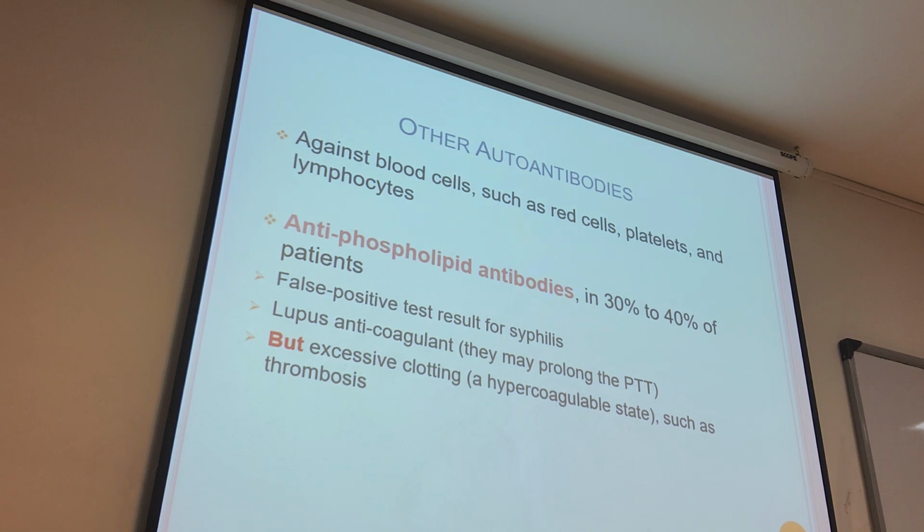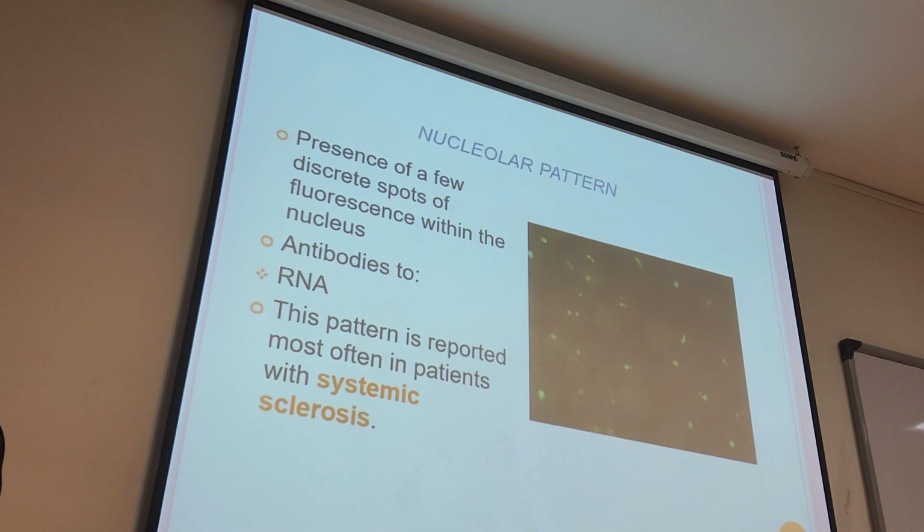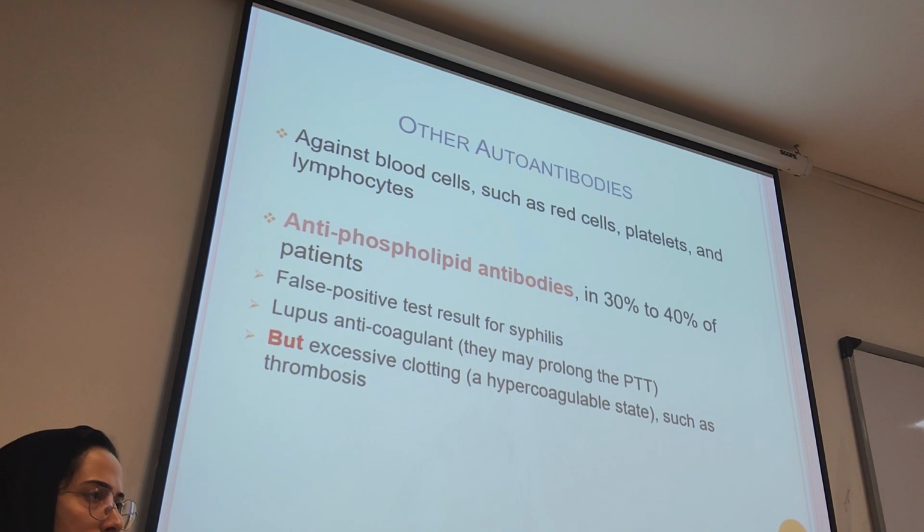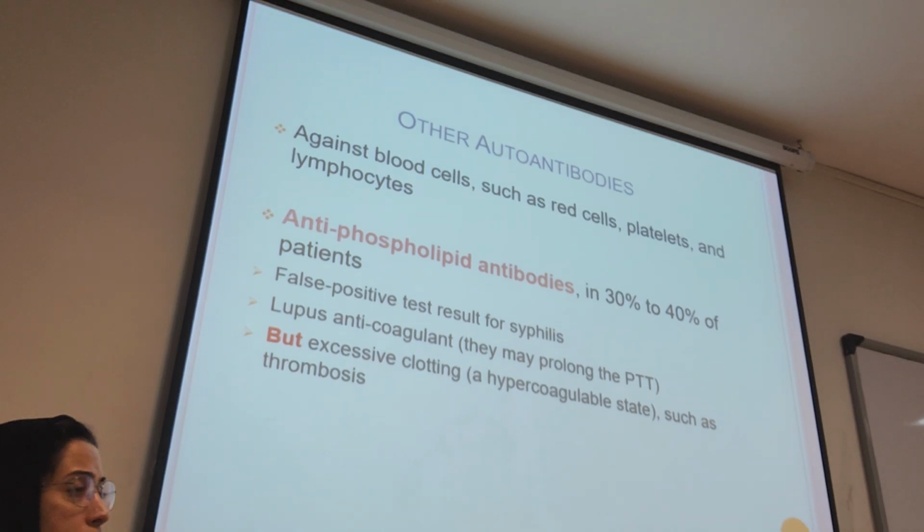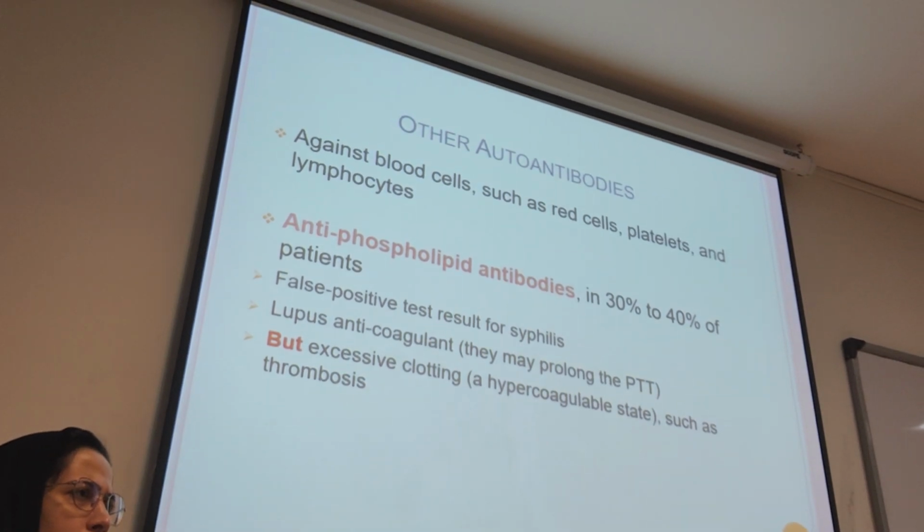So antiphospholipid antibodies are present in 30 to 40% of lupus patients.